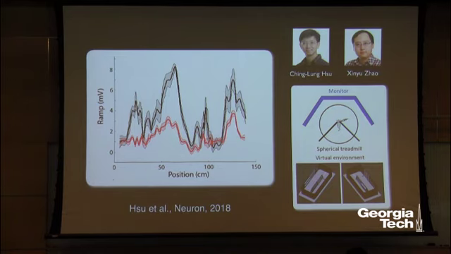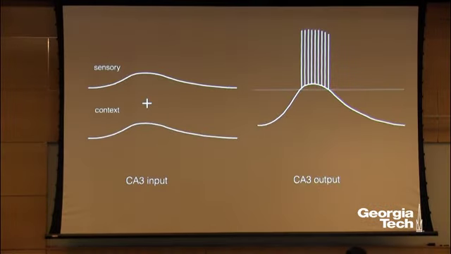That means that a very small, subtle change in synaptic input, which is going from the red to the black here, produces a big change in the response of the cell in its place field in vivo. And he did a bunch of in vitro experiments also to determine the cellular mechanisms and the ion channels that are responsible for this nonlinear amplification of place cell responses. And I think this is going to be very relevant to the mechanisms of this contextual gating.